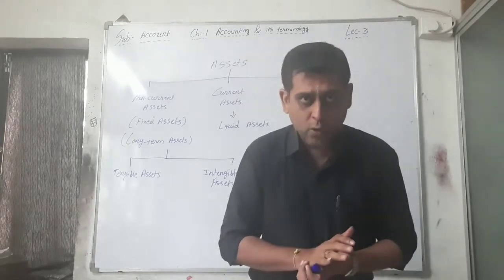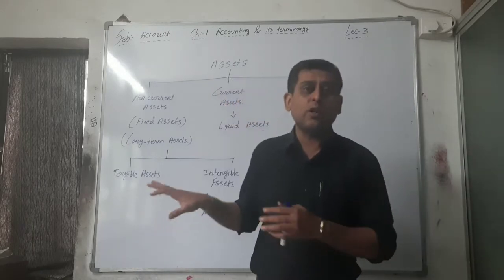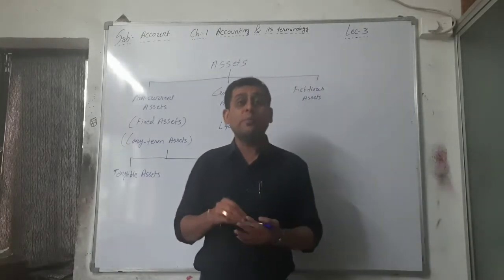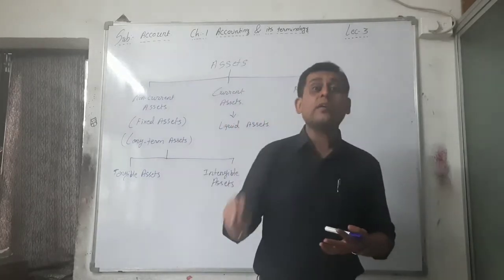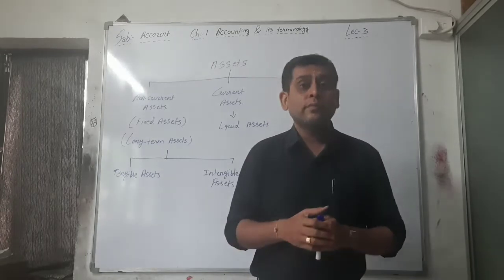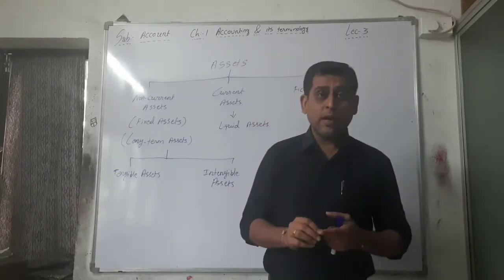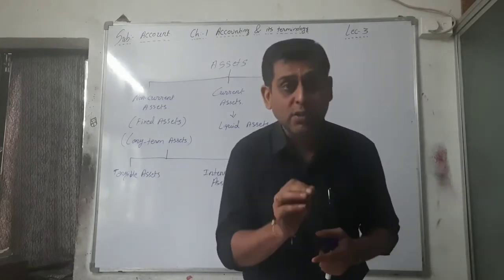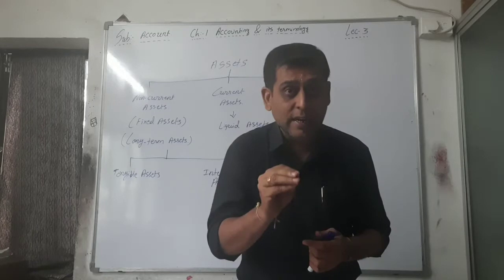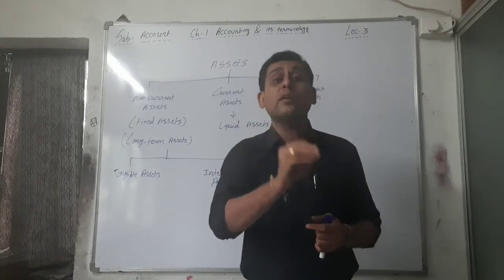If I want to sell that stock and convert it into cash immediately, but there is no customer purchasing my goods, then I cannot convert it into cash immediately. But the bank balance, cash balance, and debtors are assets which I can convert into cash immediately.